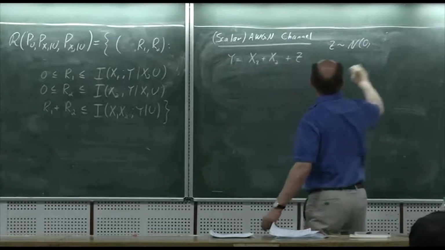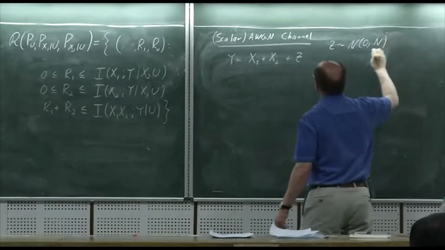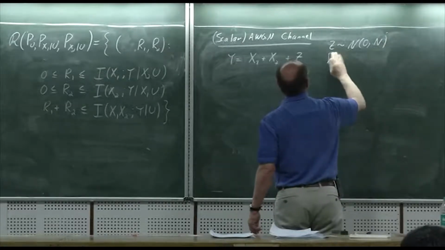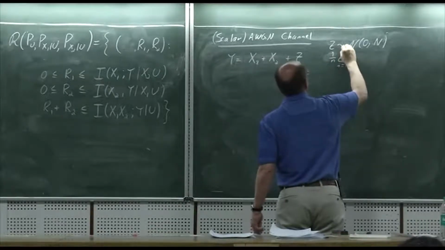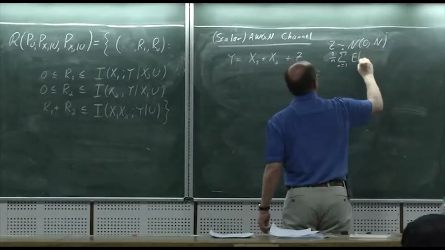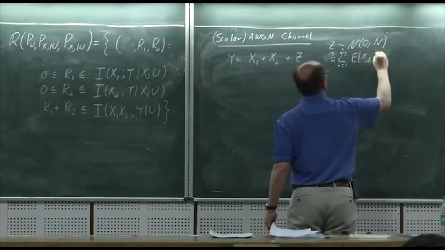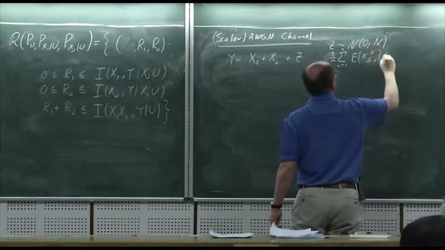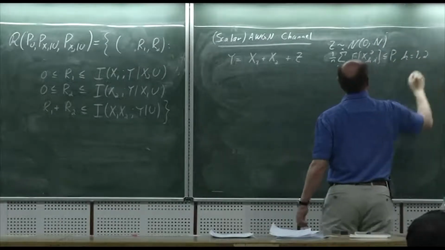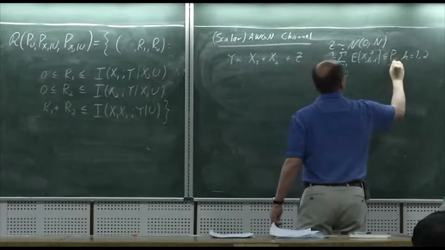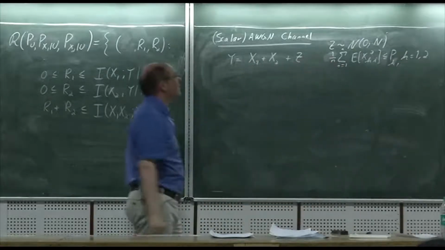Well, let's do n for now. Can later make it 1 if we want. Then we have the power constraints, 1 over n, summation i equals 1 to n of the expected value of X_ki squared, less than or equal to P_k for both users, 1 and 2. So we have power constraints P1 and P2.